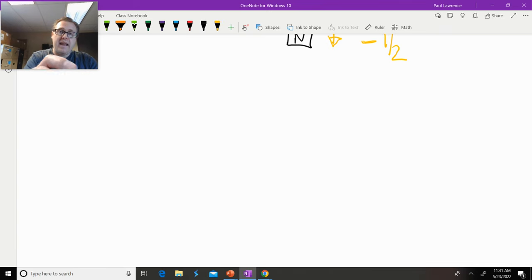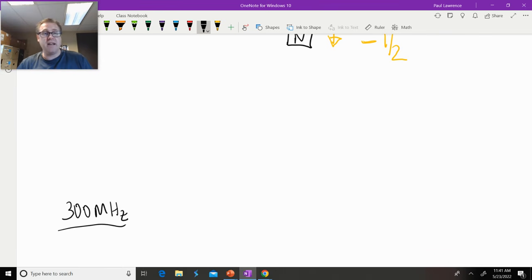We can buy an instrument that, let's say, is 300 megahertz. Now, this term, 300 megahertz, is just telling us the strength of the magnet. So you could purchase a 500 megahertz instrument and even an 800 megahertz instrument. And that's just measuring how strong the magnet is.